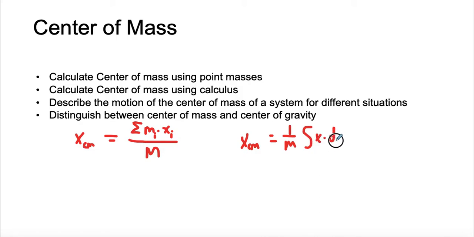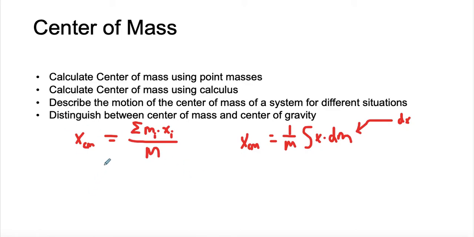Now the problem with this is that you would have to convert your dm into some sort of dx using density, and so you would have to know how to do these things. This is a little bit more complicated process, and the sum of the masses of point masses is a little bit easier to do.